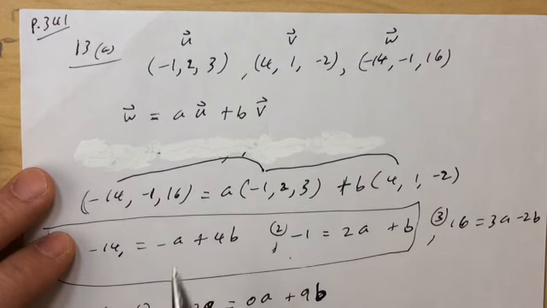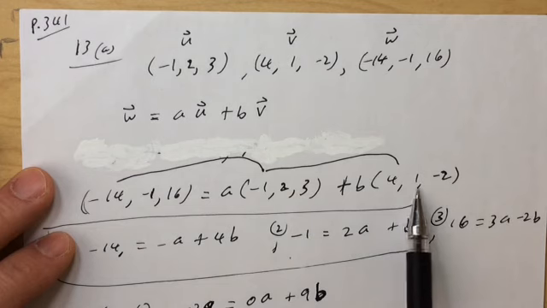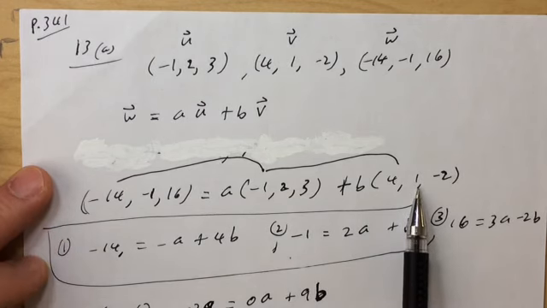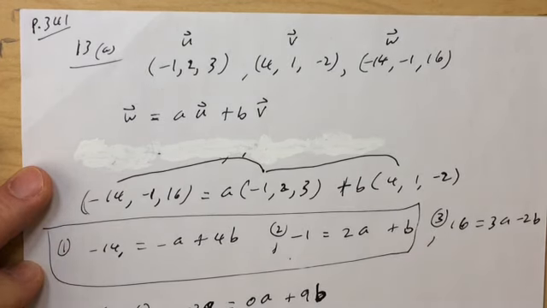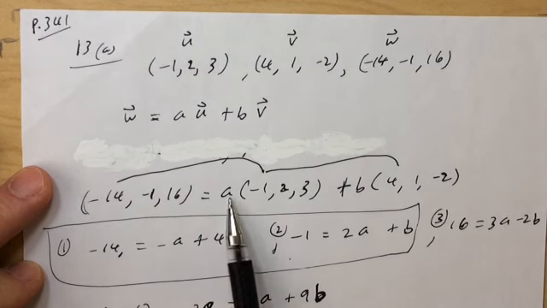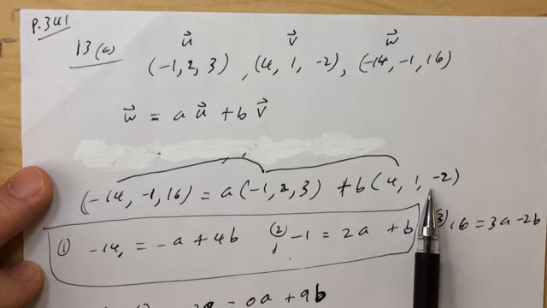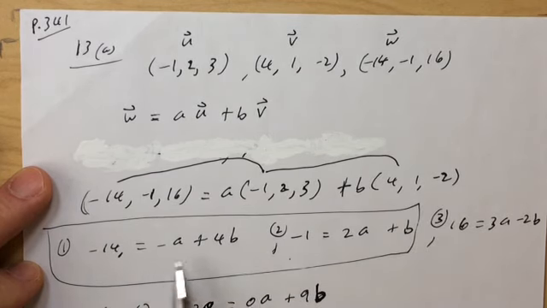Okay, so for this one, sub in the coordinates for each one. If we multiplied the A in and the B in, we would end up with these 3 equations.